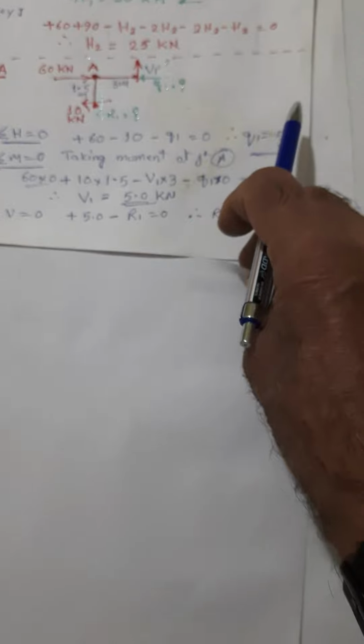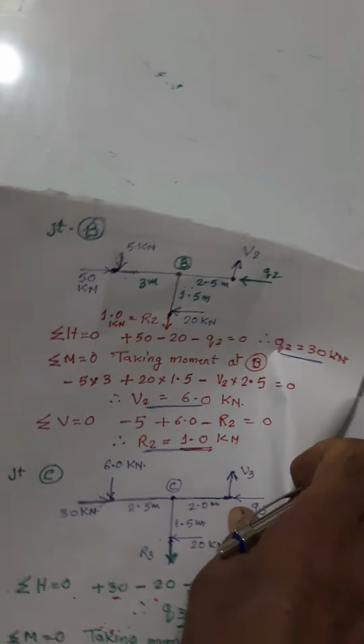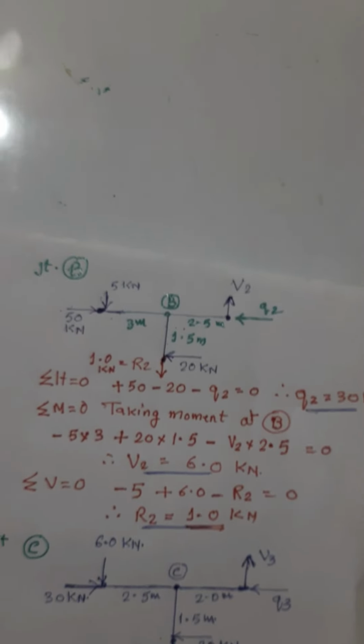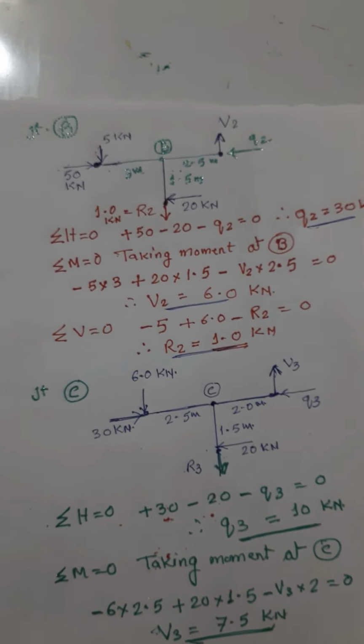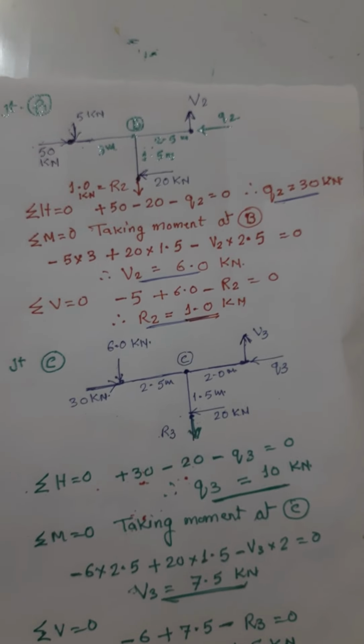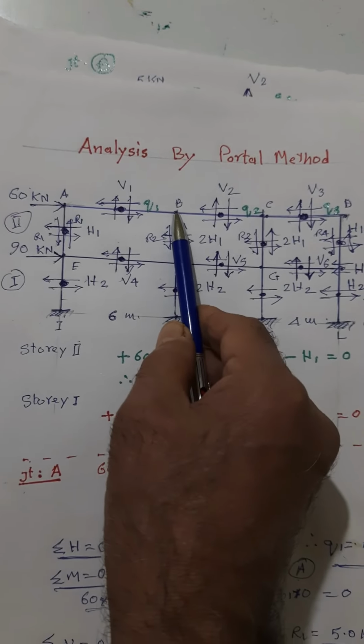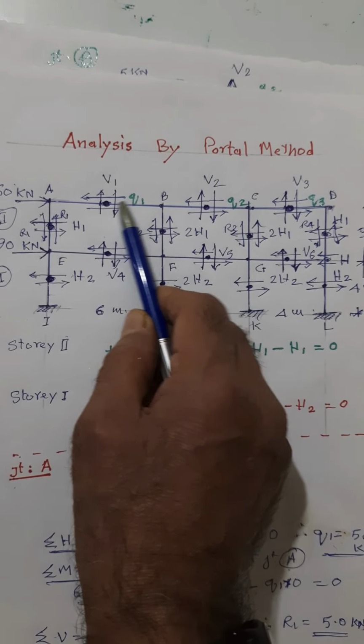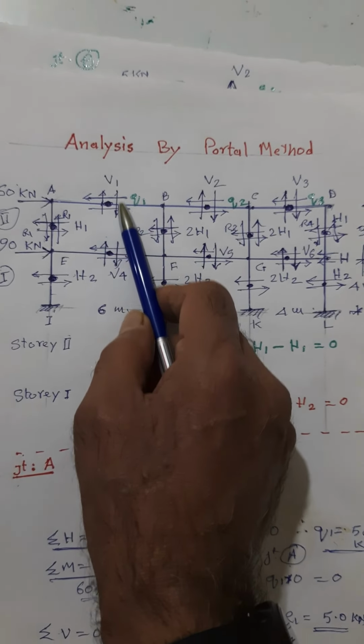Similarly, we can go for another joint, that is joint B. Again we will go for joint B using the same concept. But now, when I am considering the joint B, we will have to consider this arm and these forces.